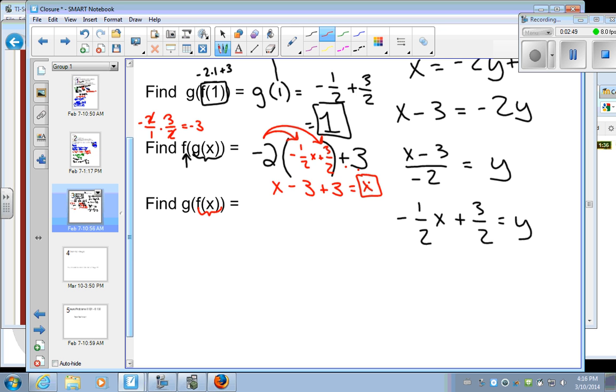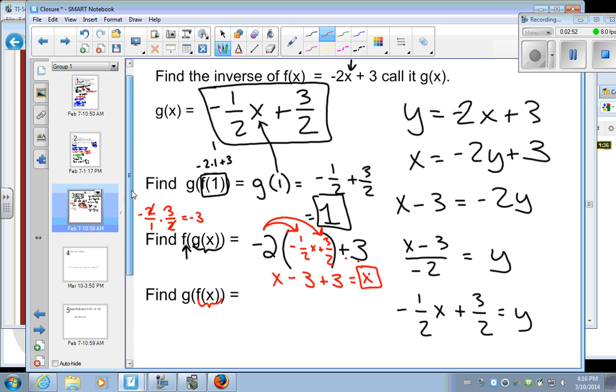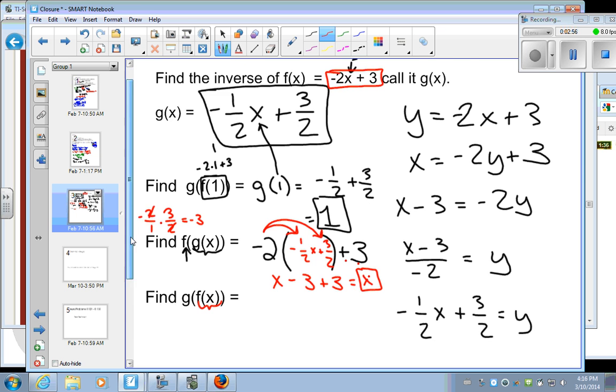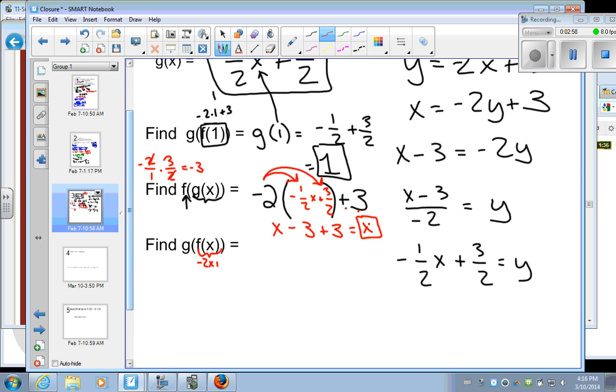The next one I'm going to do the same thing, only this time I'm going to plug in this stuff, negative 2x plus 3, for all the x's in the g function. So instead of negative 1/2 times x plus 3/2, I'm going to have negative 1/2 times negative 2x plus 3.